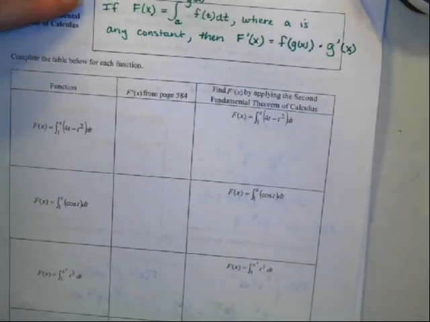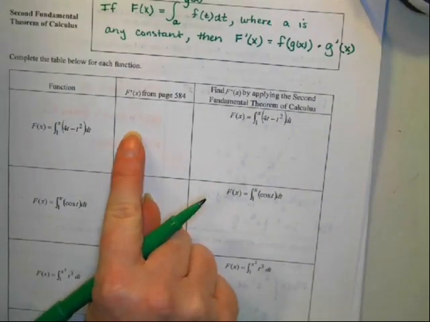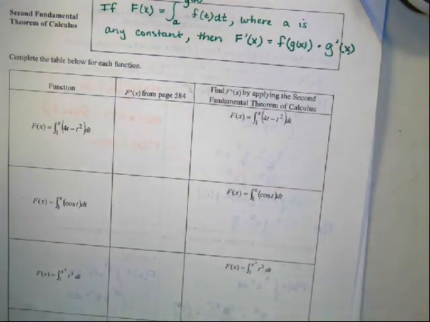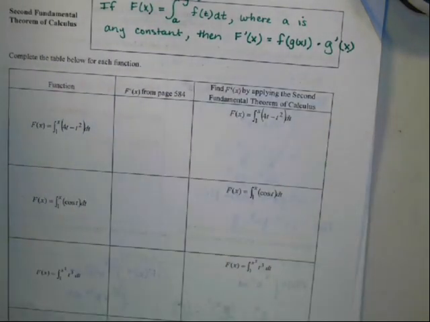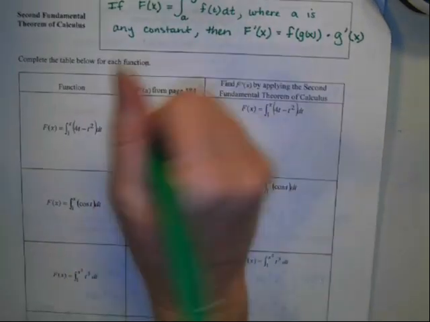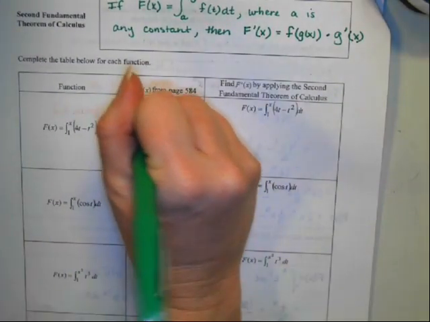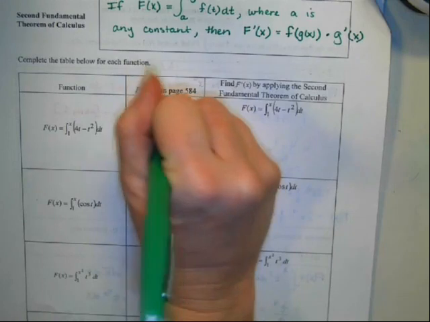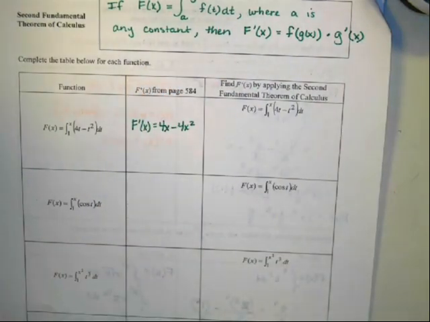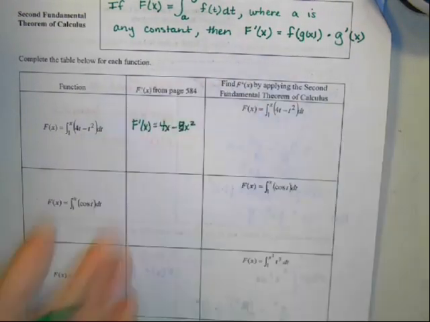So if we did this one, what we found our f prime of x to be, I wrote it down on the first page. Our f prime of x came out to be 4x minus x squared.